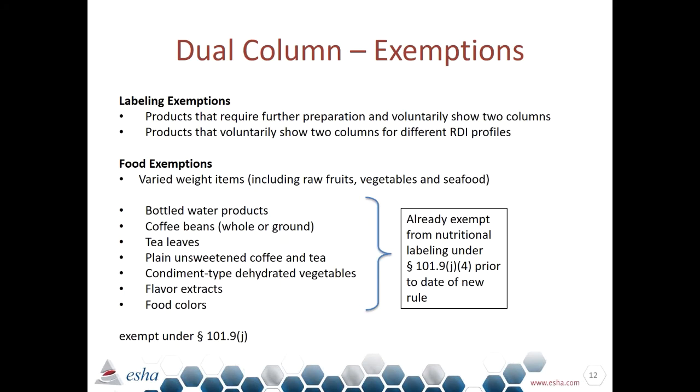Secondly, prior to the new rules that came out in July 2016, there were already certain food types that were exempt from nutrition labeling in general. You see this in the latter part of my list, which shows things like bottled water, tea leaves, food colors, etc. For now, the FDA has said they will consider refraining from taking regulatory or compliance actions against only the products listed here, specifically those in my bracket, until such time as they go through the rulemaking process to address issues of mandatory and dual column nutrition labeling for these products.